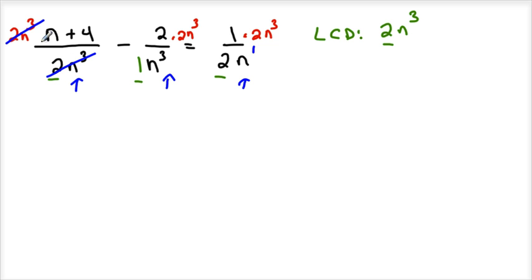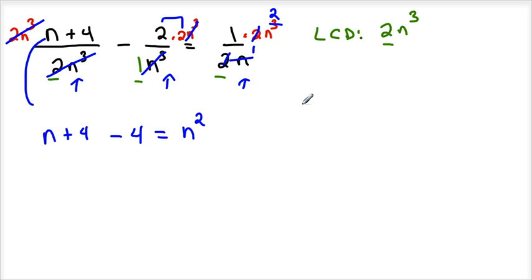The 2n cubeds both simplify, leaving me with just n plus 4. Minus 2n cubed over n cubed. What simplifies? n cubed and n cubed. What am I left with? 2 times 2, or 4, or negative 4, equals 2n cubed over 2n. My 2s simplify, and 1 of the n's simplify, leaving me with n squared. n squared times 1, n squared.